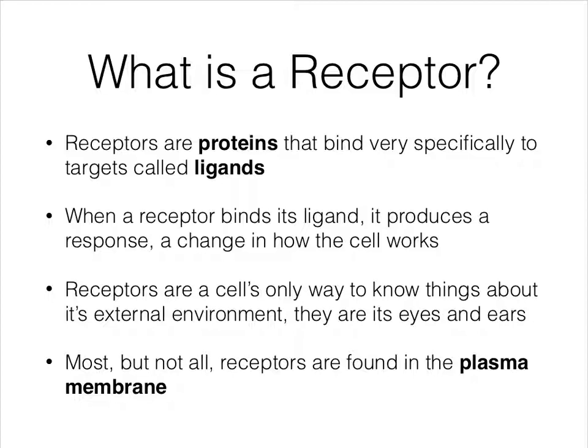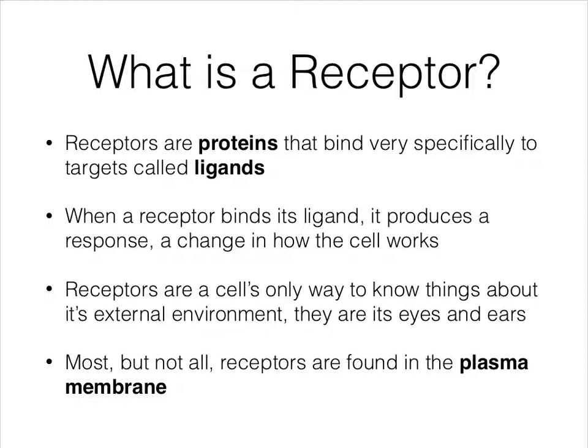Some of that information is going to be practical stuff like the pH, or if we're talking about an amoeba, maybe it's receiving some sort of chemicals to track its prey.